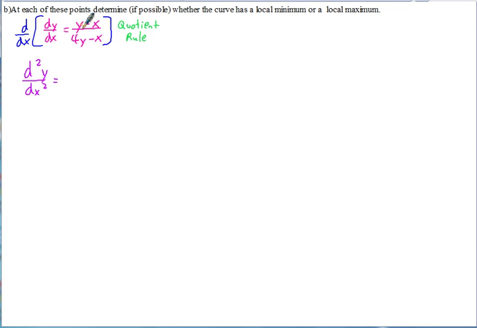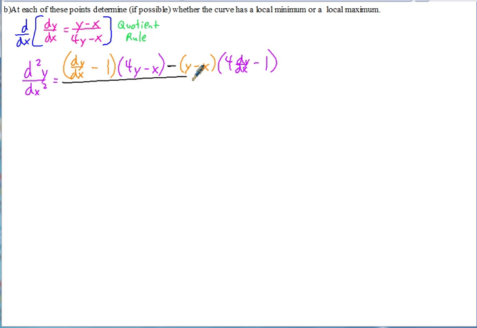So the derivative of y is dy/dx minus the derivative of x is 1, times the denominator as it is, 4y minus x, minus the numerator as it is, y minus x, times the derivative of the denominator. Derivative of 4y is 4, and then that's where we need the dy/dx, minus the derivative of x is 1. All divided by the denominator as it is squared.